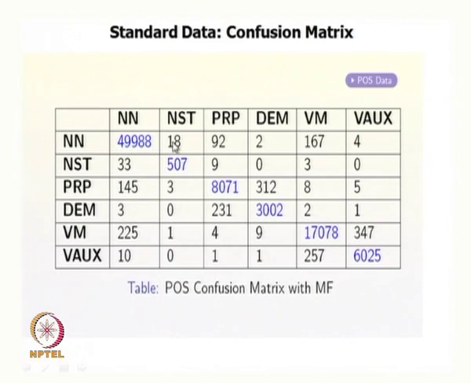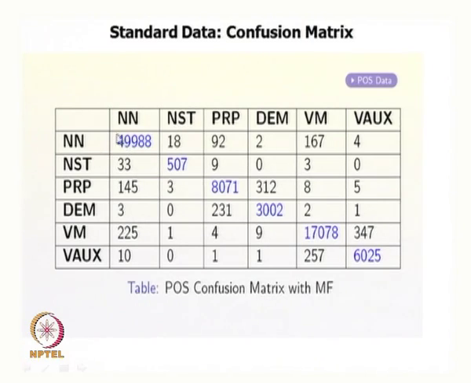So, the noun cases in the test corpus are so many. This plus this plus this plus this. The sum of numbers on a row tells us how many nouns there were in the corpus. This is the gold standard information, and the column tells us how many times those nouns were tagged as noun and as other tags.